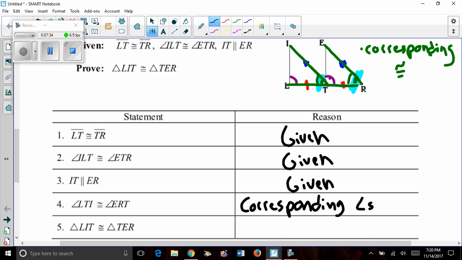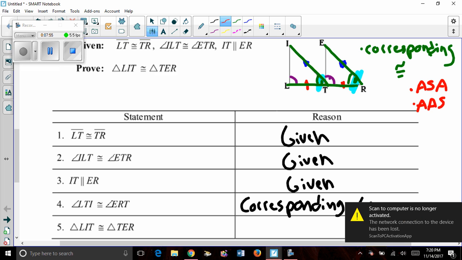Now look at our picture. We can start to figure out what pieces we have. This could be one of two pieces. I see we have two angles and a side, so is it angle, side, angle, or angle, angle, side? Again, I suggest looking at this using a clockwise fashion.